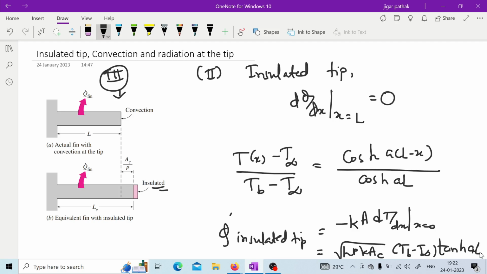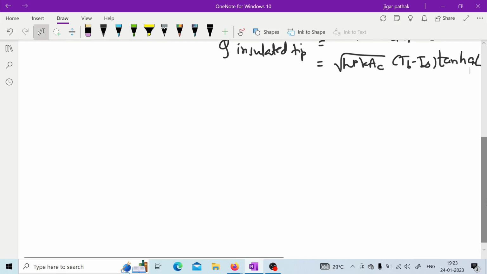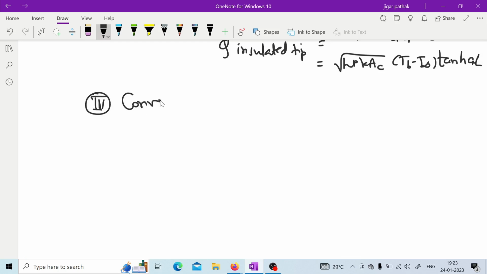Now once you have an idea about both of these, you need to check the last case, that is convection allowed at the tip of the fin. In that case, we assume the same as the insulated tip, but the L used in the insulated tip case is changed from L to L plus Ac by P, this characteristic length, in case of convection at the tip.